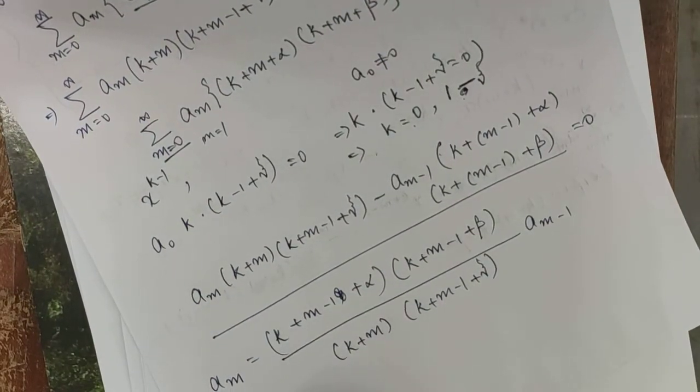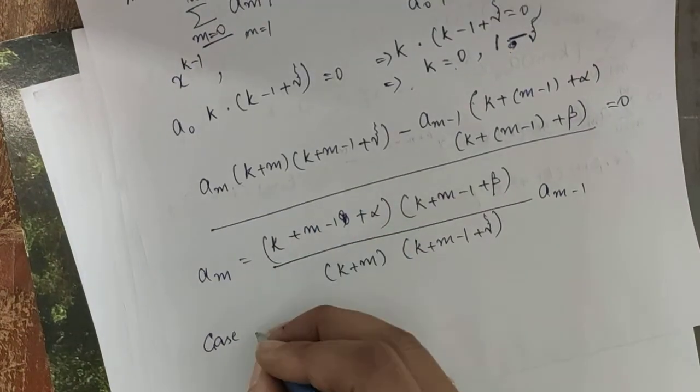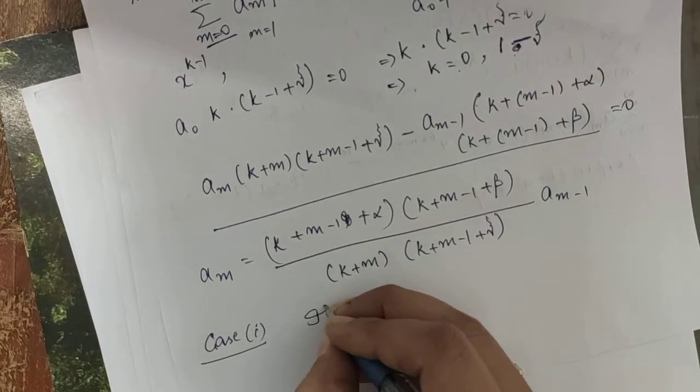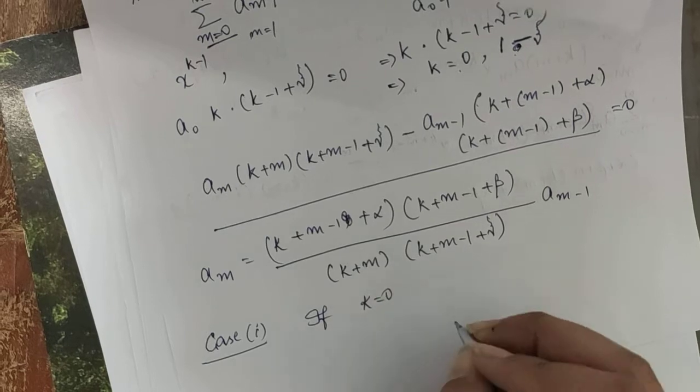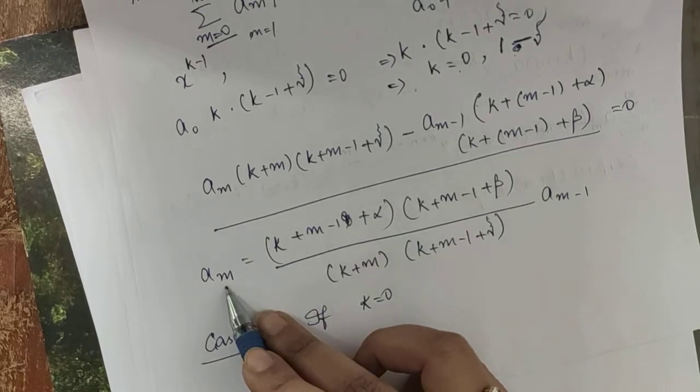case 1, if k is equal to 0, m is equal to 1, 2, 3, substitute.